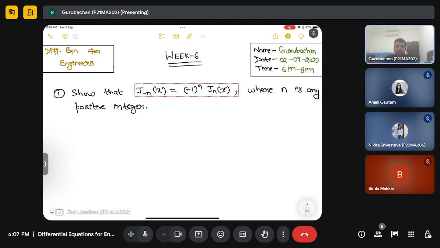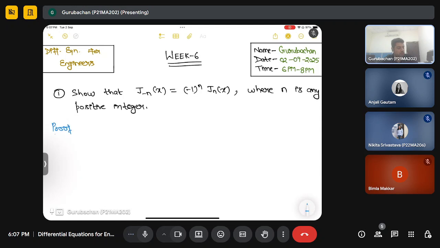So we need to prove that if we replace n by minus n in the Bessel function, then the following relation will hold. For that, we do the simple approach. We first recall what J n x is exactly.